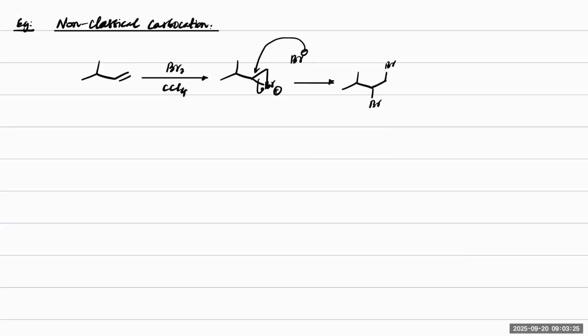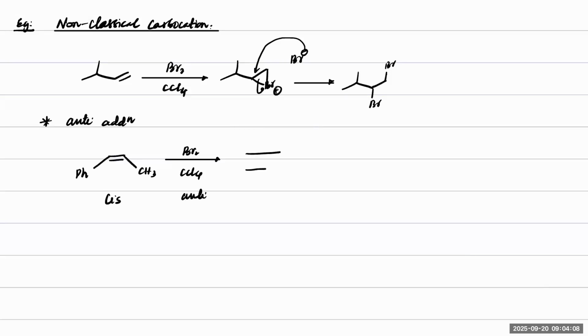Now, when Br is adding, it is an anti-addition. Since it is an anti-addition, you can expect some kind of elimination to be possible. How does that happen? Check it out. Let's see, cis or trans has been taken. Let's say Ph is here, CH3 is here, and you are using Br2 and CCl4. This is a cis molecule making bromine addition here, which is an anti-addition.